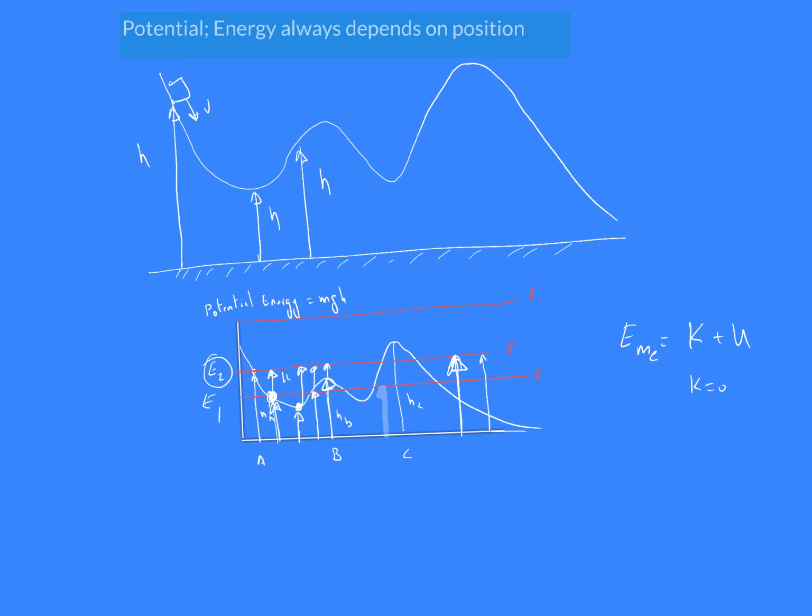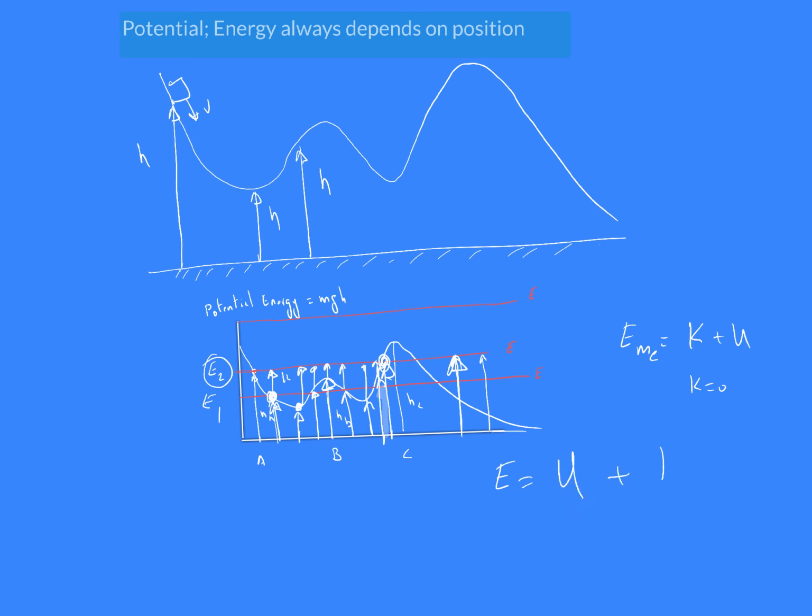I'm talking about the curve that has energy E2. But it can arrive to here, because at this point, all the energy will be potential energy. So E will be equal to U.